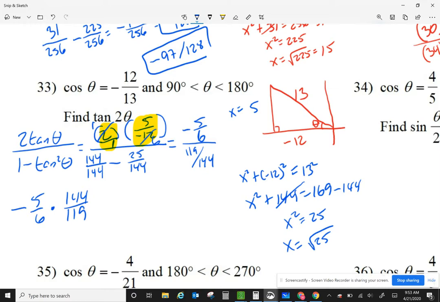All right, so let me simplify things out. Let me divide by 6. Let's see, 144 divided by 6 is 24.